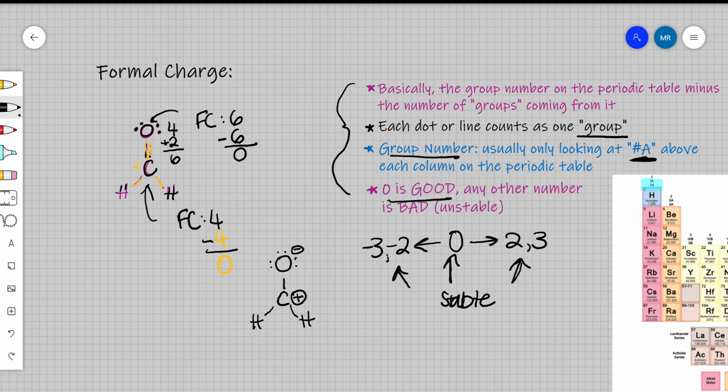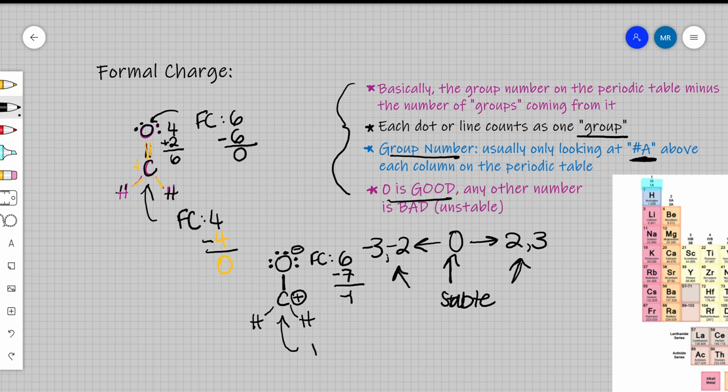So if we take a look at formal charge, so the formal charge for oxygen, we know based on its group number that it wants 6. And subtracting from that, we have 1, 2, 3, 4, 5, 6, 7 groups. So we subtract 7, we get -1, which is where that negative comes into play.